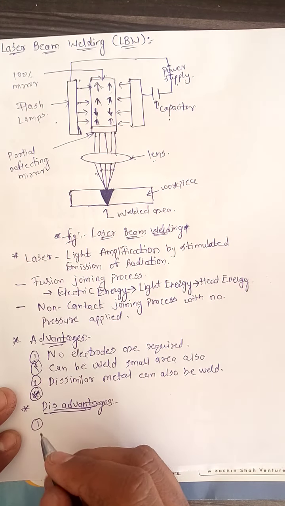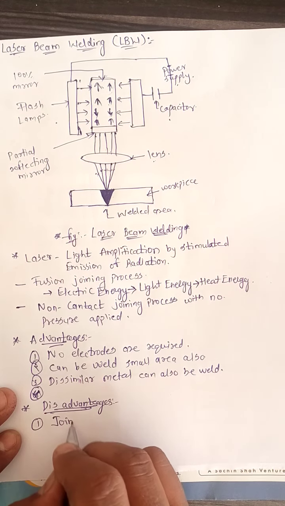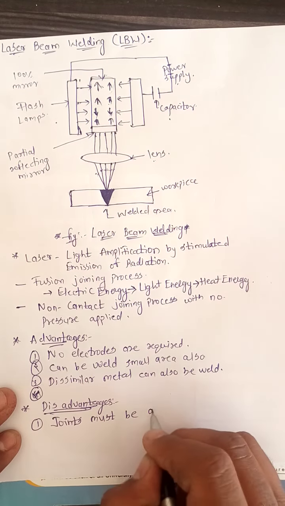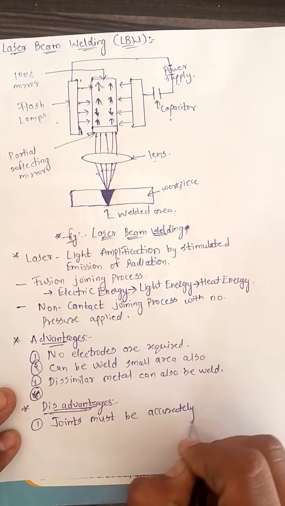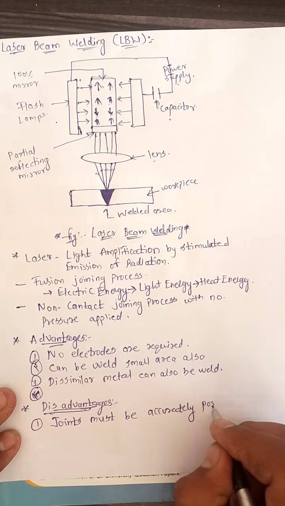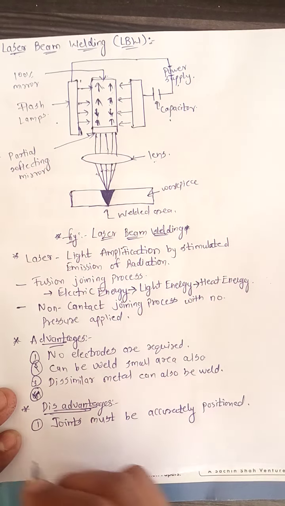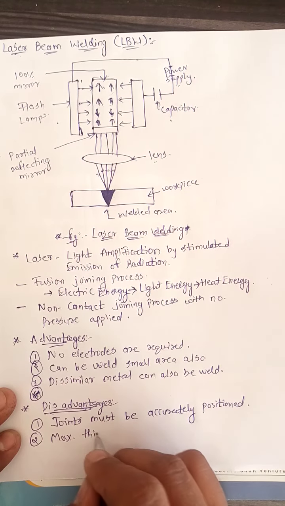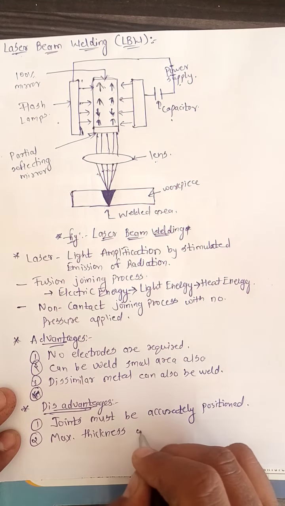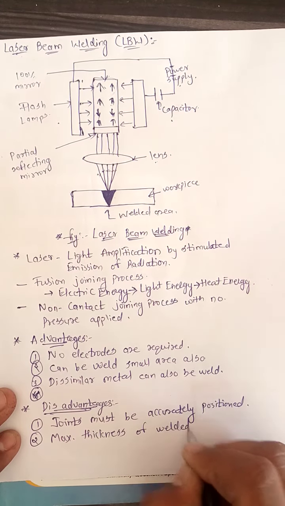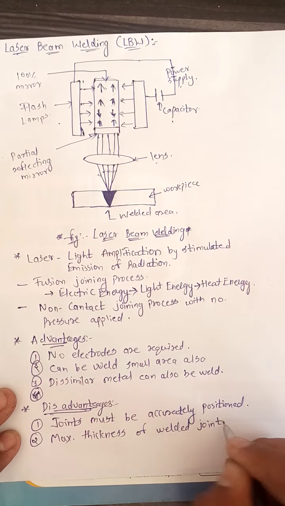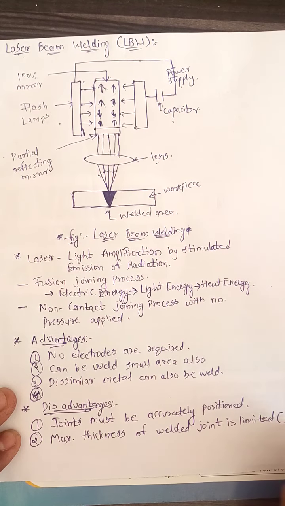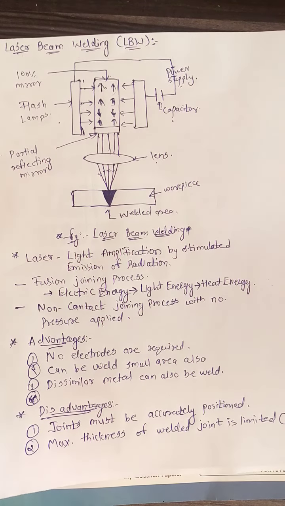The first point for disadvantages is that joints must be accurately positioned. And the last point, maximum thickness: the maximum thickness of the welded joint is limited, that is 90 mm. Okay, understood?